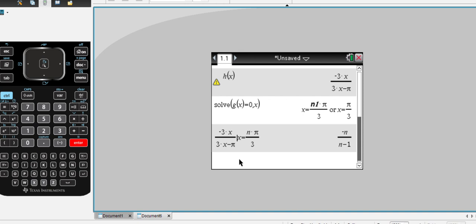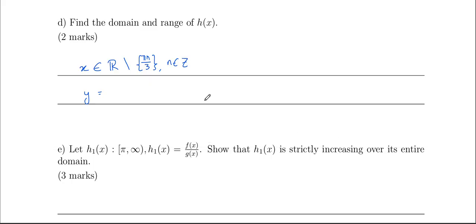So what this means is that the range, the y values, can't equal any of these. So y are n over 1 minus n, where n is an integer that is not 1.